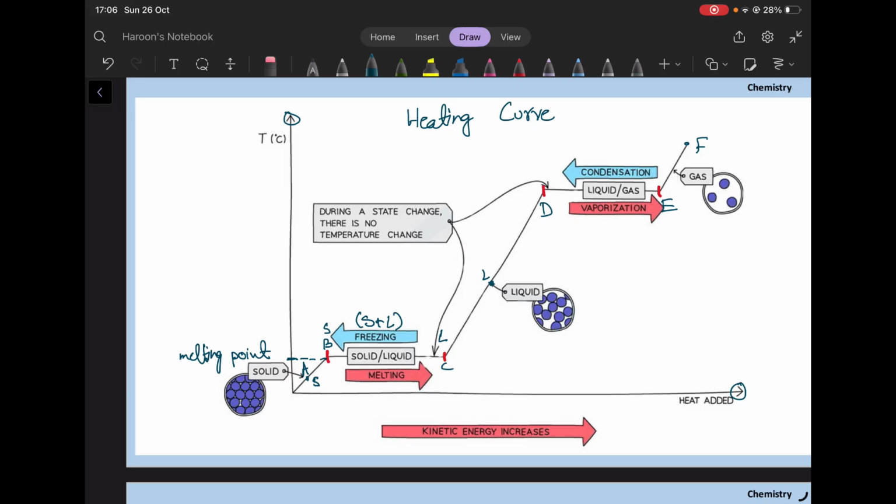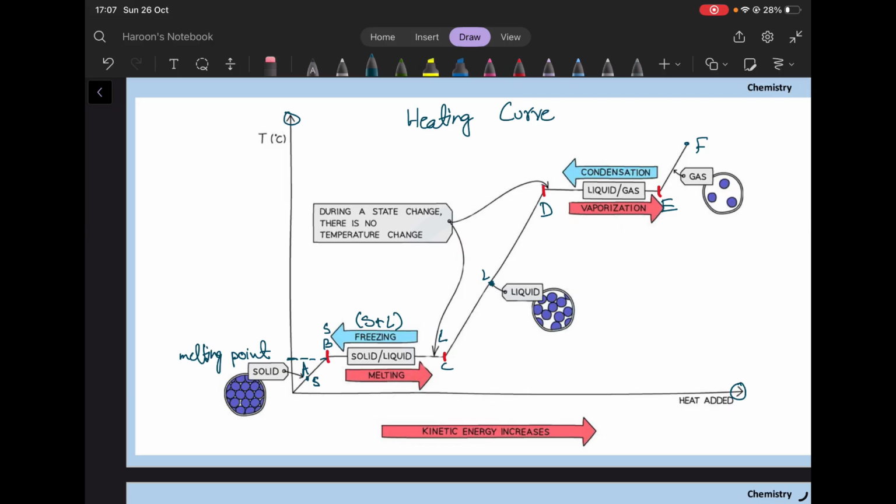So why does the temperature not increase or decrease during a change in state? Because all the energy is actually used to either break the bonds or make the bonds. In a solid state, the bonds are already quite strong. So all the heat energy that we are giving it is converted into the kinetic energy of the particles, and now more and more particles can slide over one another rather than just vibrating about their fixed positions.